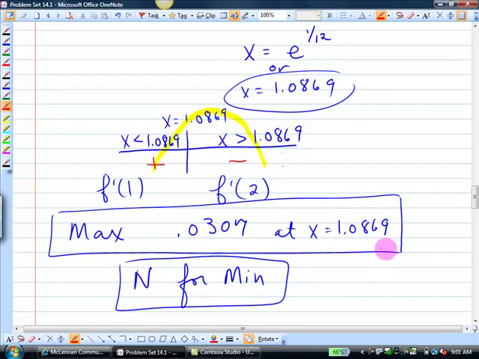So that's the max, and you don't have a min, so you'll type in an n for that. So there was definitely some algebra in working with that derivative. It's a good reminder.